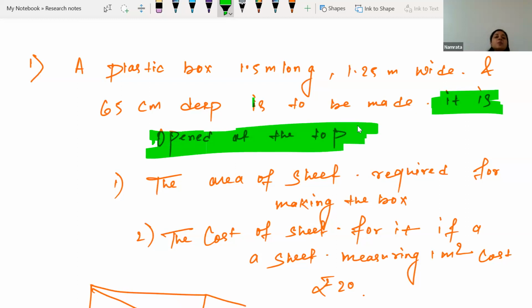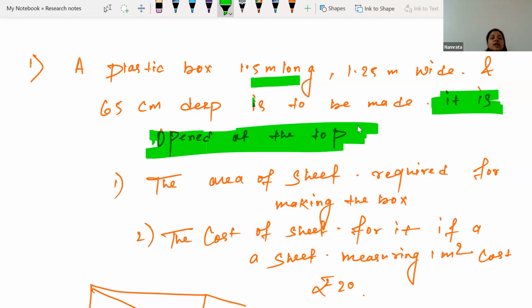Surface area means the area of each and every surface combined together. So if you are finding the total surface area of the cuboid, the top part area you don't have to take, because that part is not covered. That part is totally open.